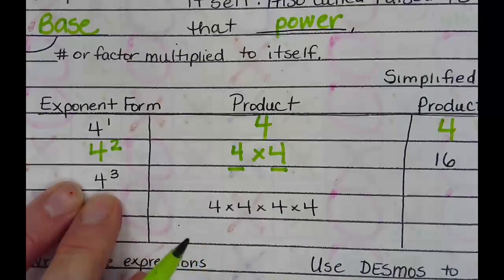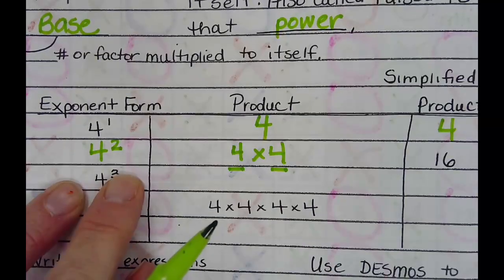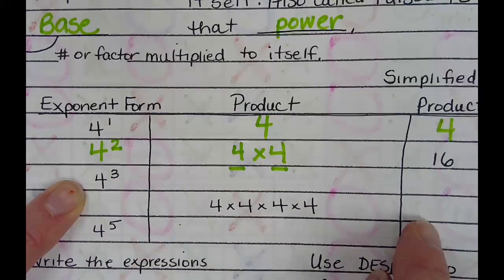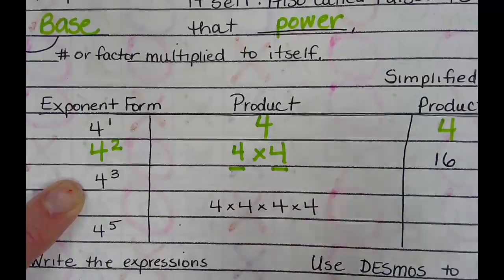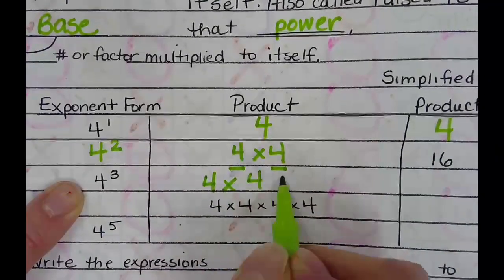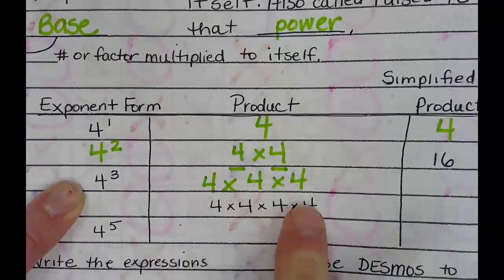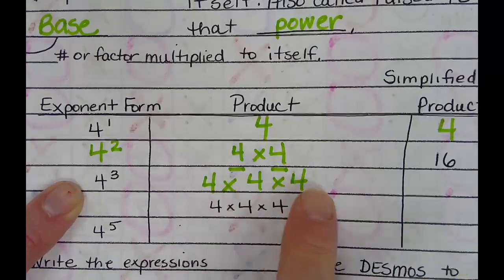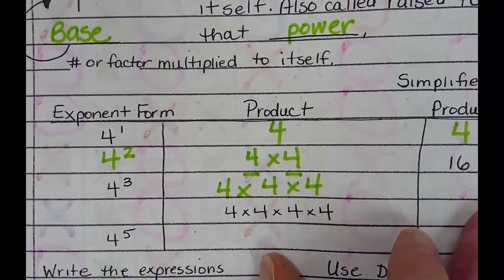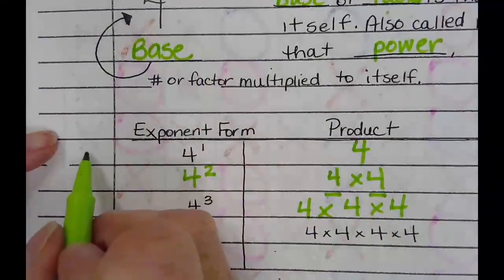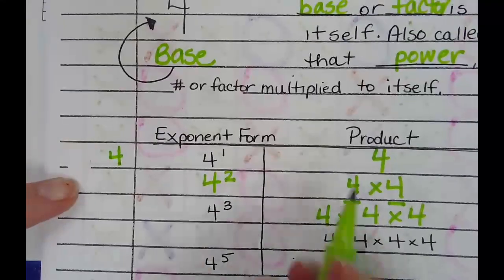For the next one, I have 4 to the third power, with the exponent being a 3. What is that going to be as a product? What am I multiplying, Felix? 4 times 4 times 4. That's it. So the product form or factor form is 4 times 4 times 4. Now, I need to do a little bit of work to find the answer. On the side, if I have one 4, it's just a 4.